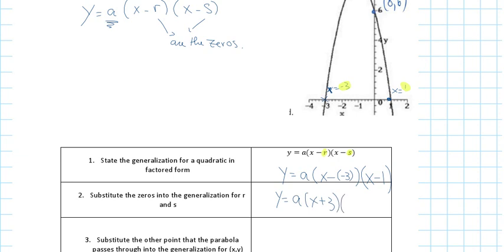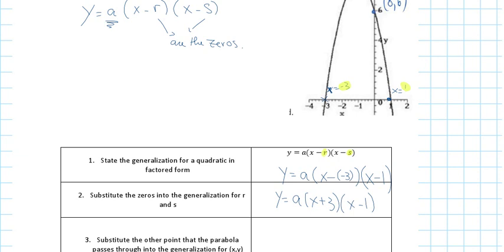Does it matter if the negative 3 and then the 1 are switched? No. So if you write x minus 1, x plus 3, it doesn't matter. Are we okay with this? Now if you look at this equation, what are your zeros?